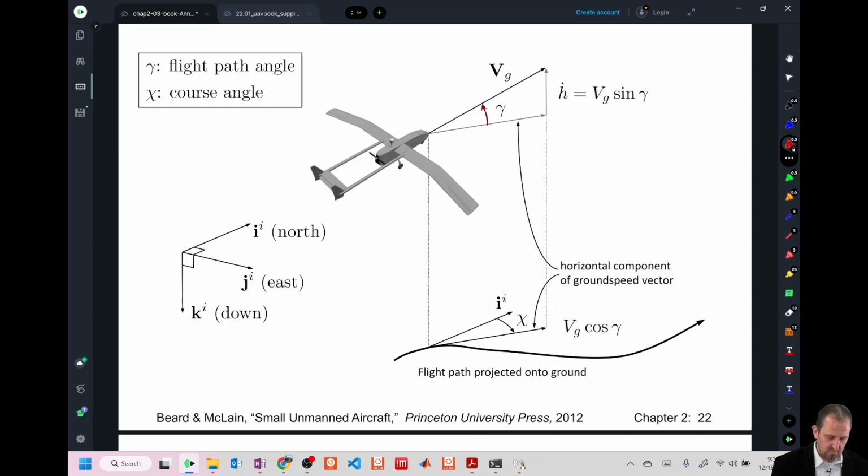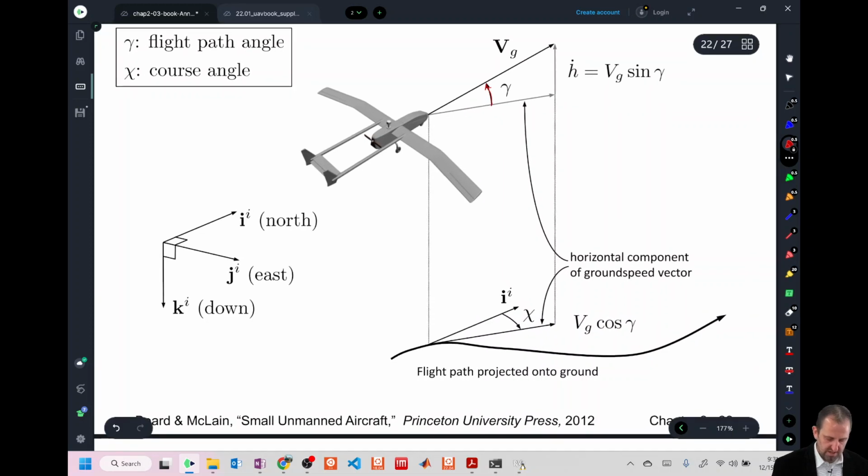Okay. And our course angle is a very similar thing. We're just going to say, hey, if we project everything down onto a plane, and we look at the nose of our aircraft projected onto the north-east plane, what's the angle between that and the direction we're traveling? Sorry, we're not projecting the aircraft at this point.